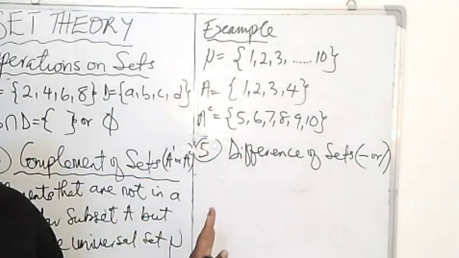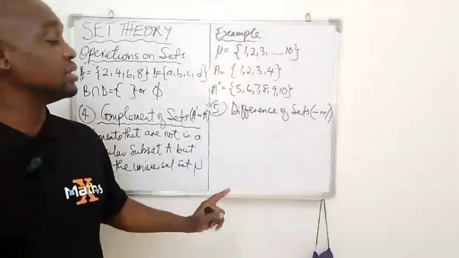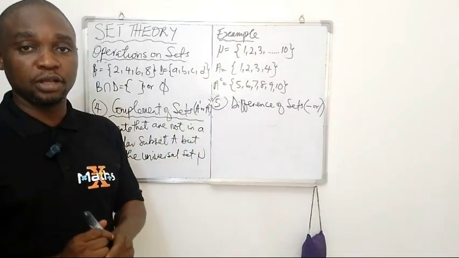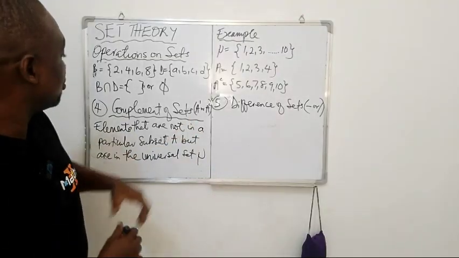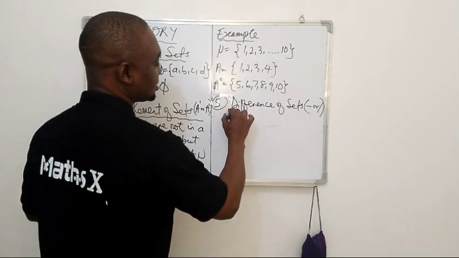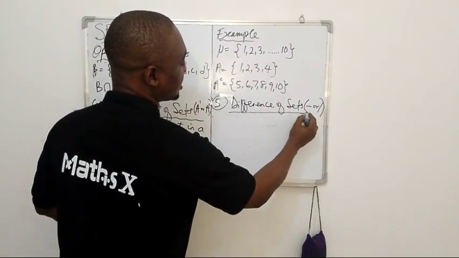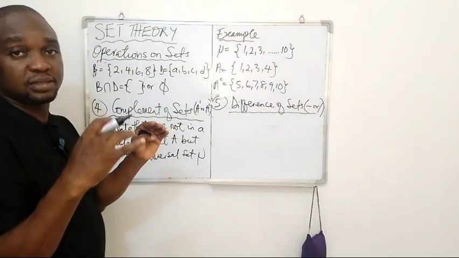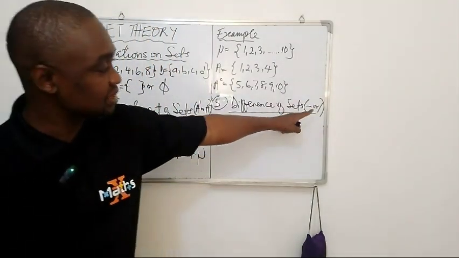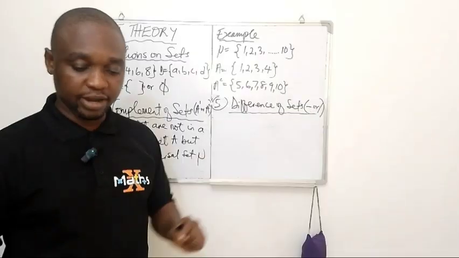The fifth and the sixth one I'll talk about are not very commonly used, but they are still part of our set operations. Take note of that.